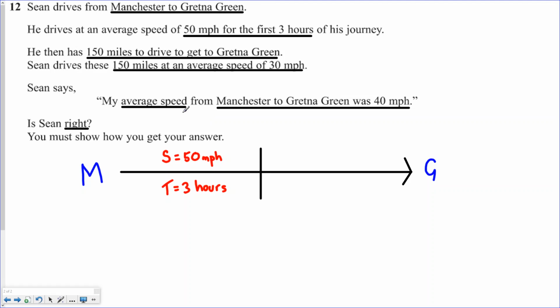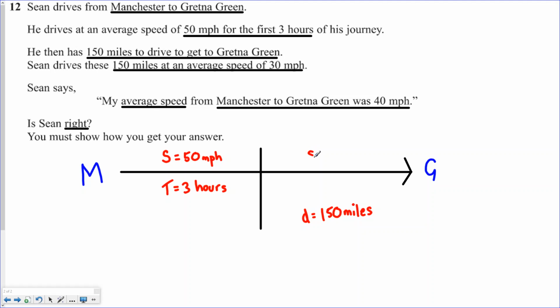Second part of his journey, he then has 150 miles to drive. So we have a distance. Let's just write the distance down here. So the second part of the journey, we have a distance of 150 miles. Let's just extend this line further. He drives these 150 miles at an average speed of 30 miles an hour.